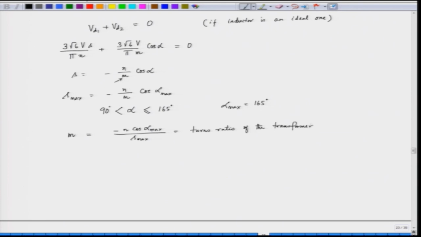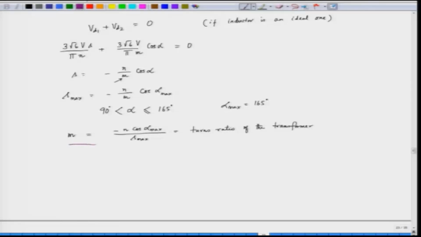So, if we want to design a transformer and find out the turns ratio for a given value of S max, the slip, and a given value of alpha max, we can use this formula to arrive at the turns ratio of the transformer.